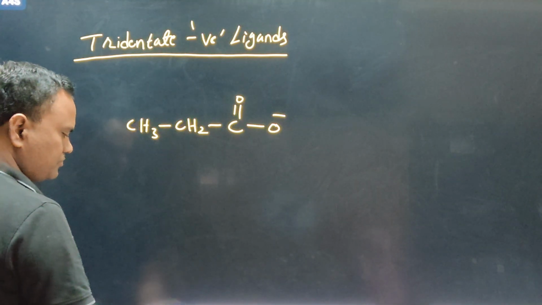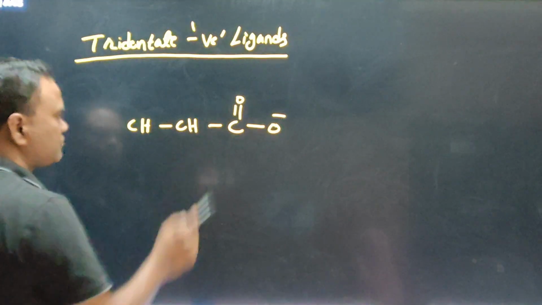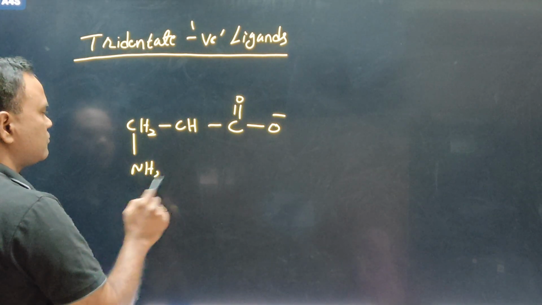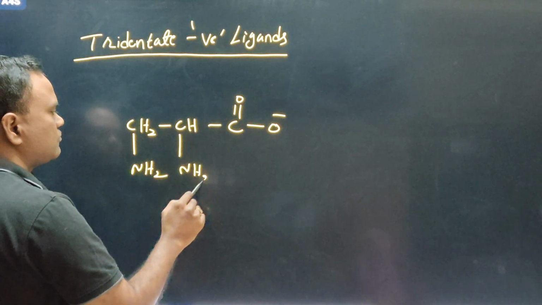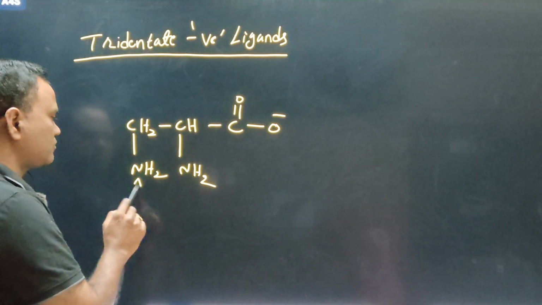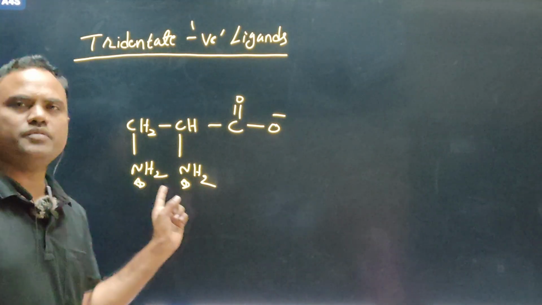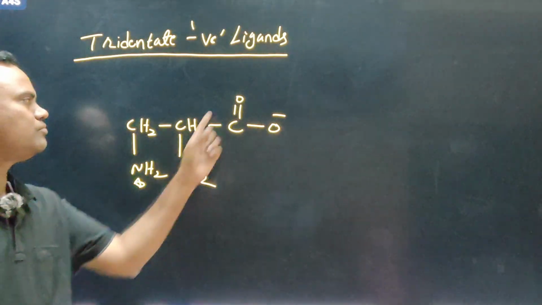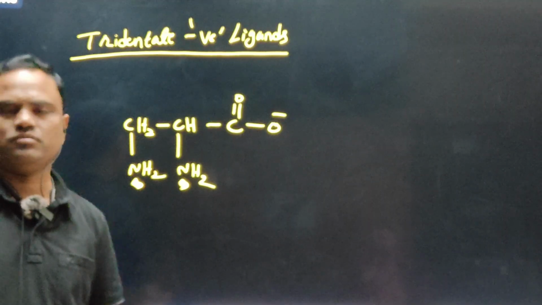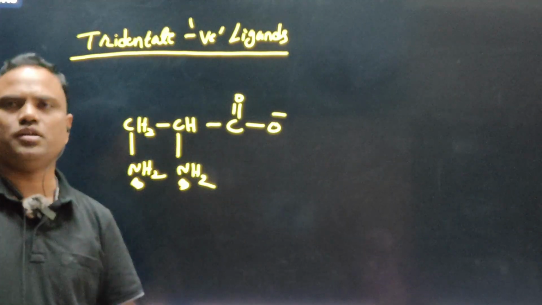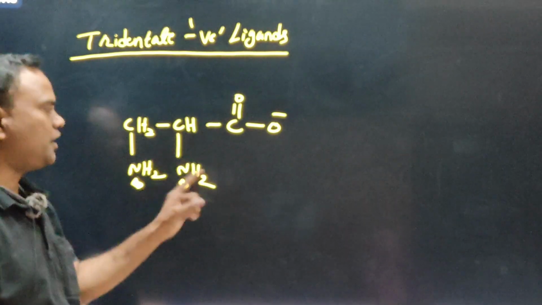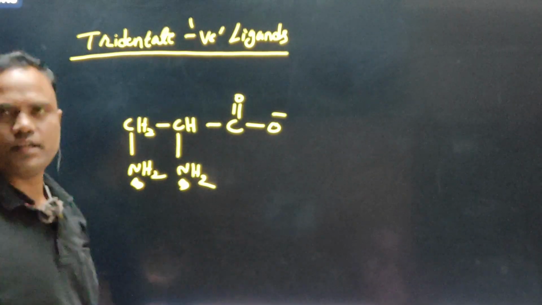Now, how many amines did we attach? We attached two amines, diamino, propionate, propanoate. This part is propanoic acid and this is propanoate, propionate.